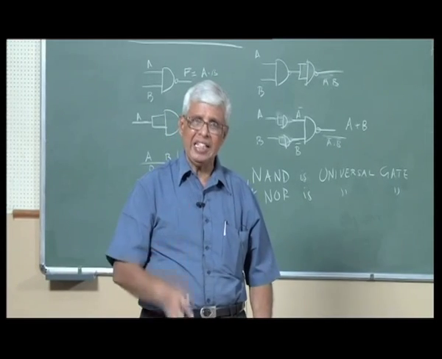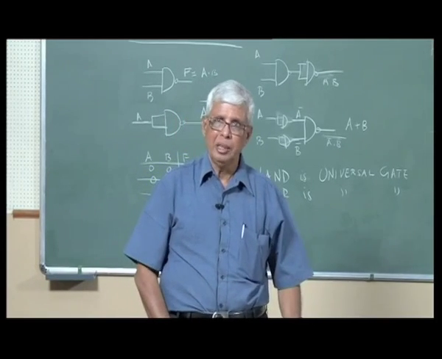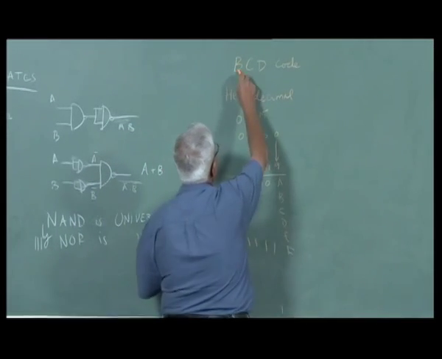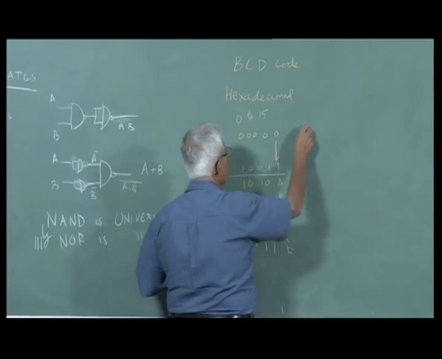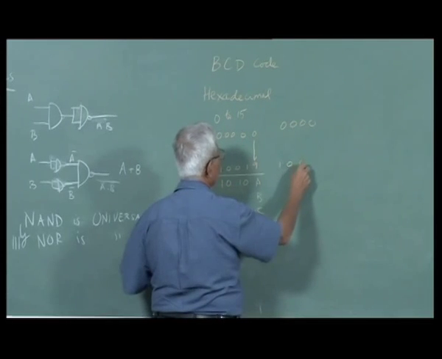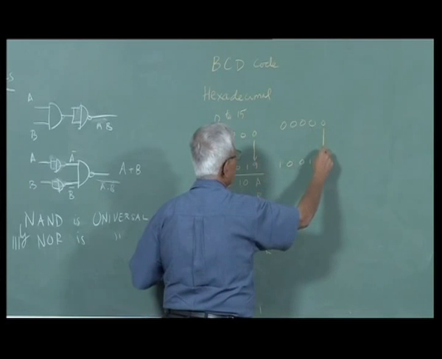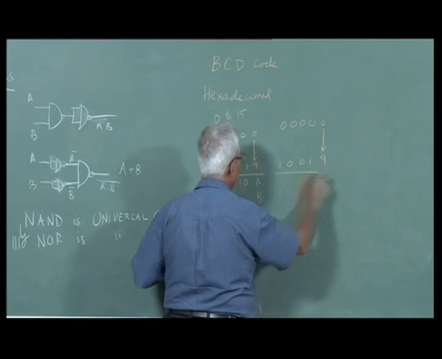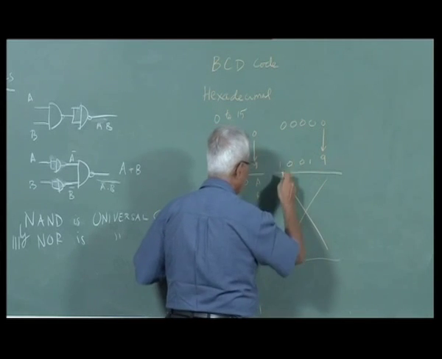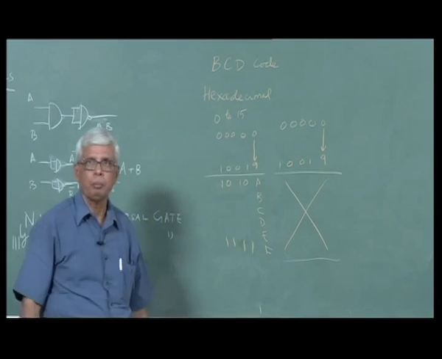But in BCD we want only 0 to 9. BCD means binary coded decimal. So I want 0, 0, 0, 0 to 1, 0, 0, 1. We don't use the rest. Even though there are 4 bits, we don't use them in a BCD code.